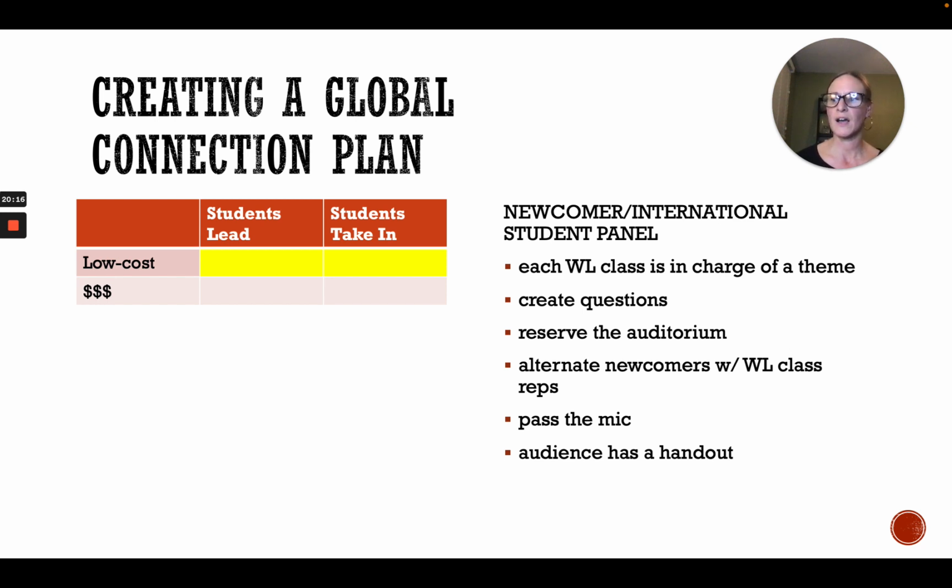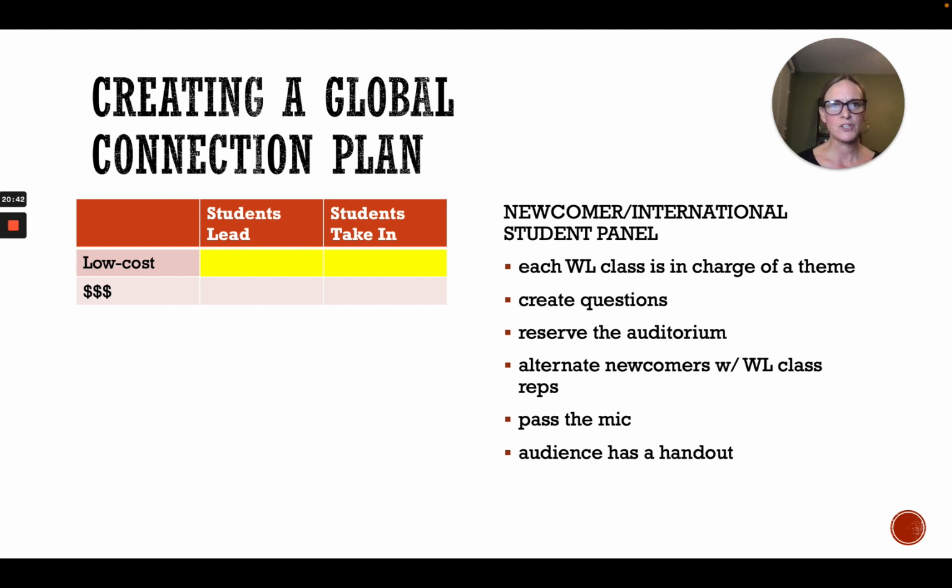Maybe you want to talk about sustainable development goals in their home countries, or climate change in their home countries, government in their home countries. What's key is to really talk with the teacher of the English language learners and ask them, what can these students talk about? What do they like to talk about in English?